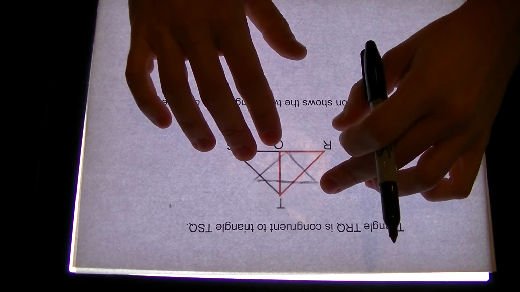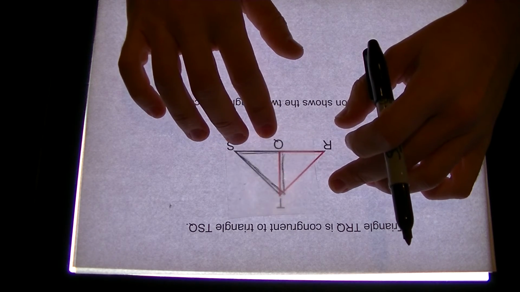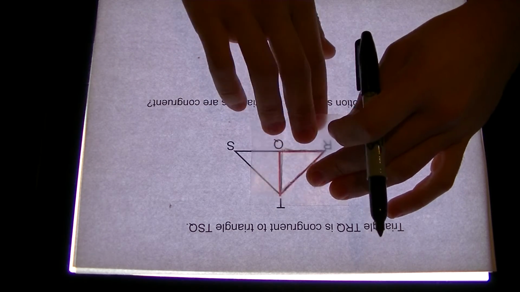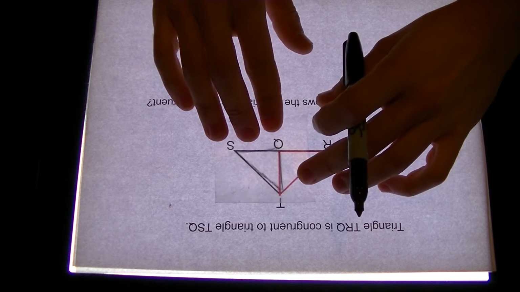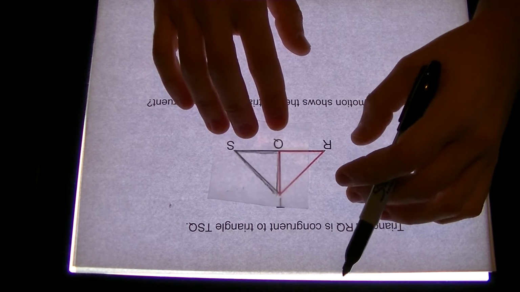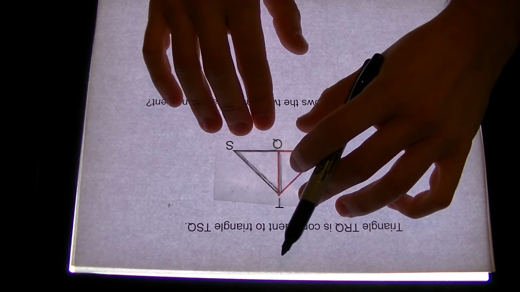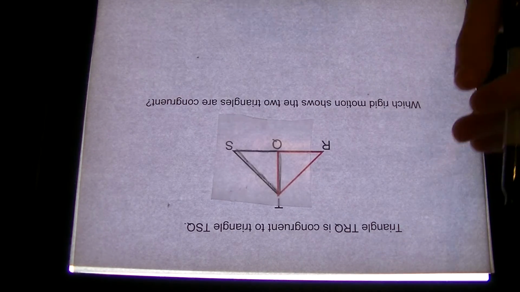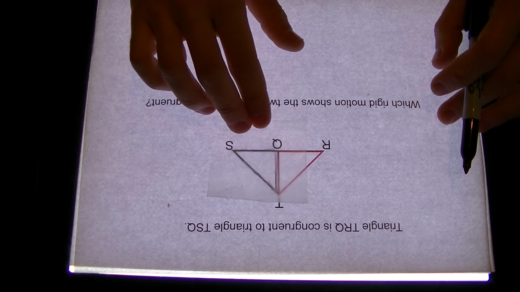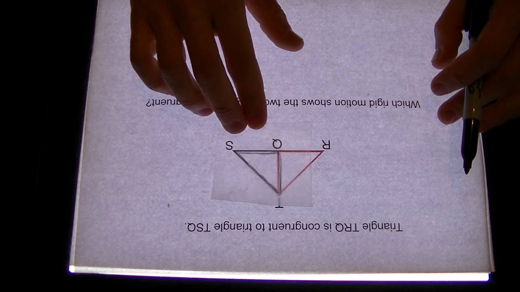If I try to rotate, maybe it works out. That could potentially be it, but I also see just a reflection over here. And if I reflect over this line TQ, I find that it maps perfectly onto that other shape. So I can show this by saying I did a reflection over the line TQ.